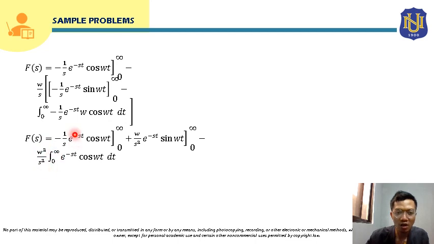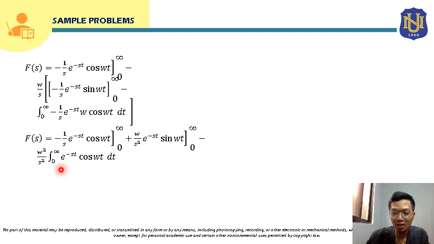And the integral of e raised to negative st cosine wt dt from 0 to infinity. We can notice at this point that the integral of e raised to negative st times cosine wt dt, from 0 to infinity, is actually f of s.